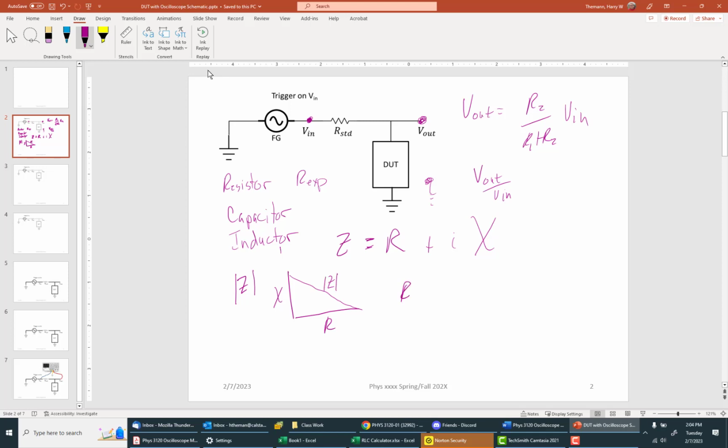And that means we do R plus I chi times R minus I chi, because if you were to multiply I chi times I chi, you get a minus 1, and we need to get rid of that. And so that's the complex conjugate, right? Everybody remembers that? Pretty straightforward.